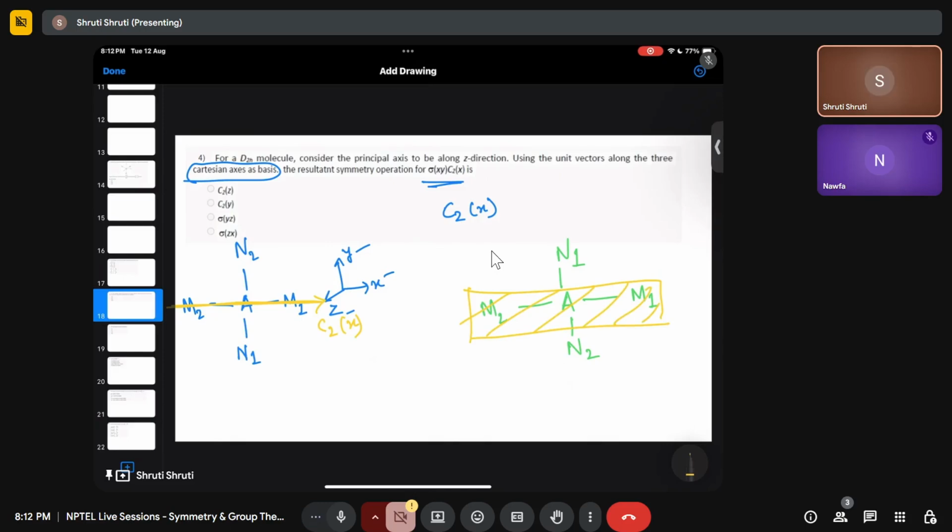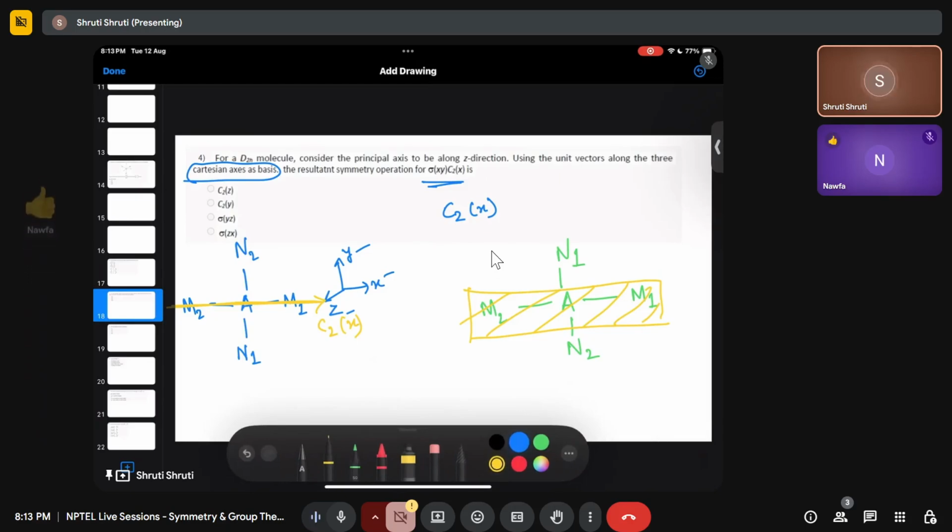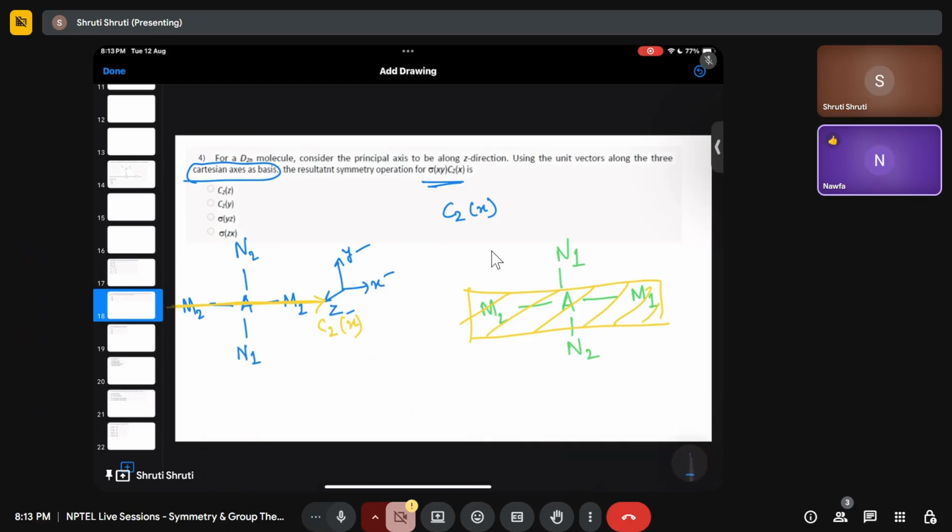Okay. Isn't it C2z and then sigma xy? If we apply sigma xy, z will change.